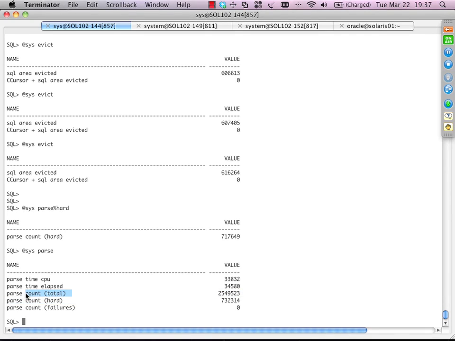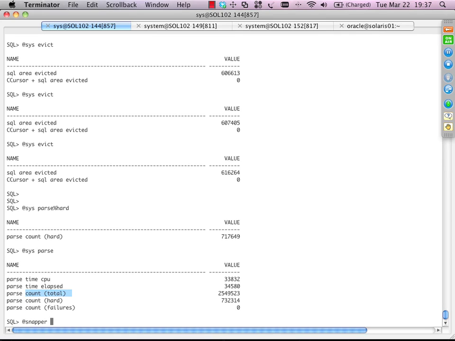And if you do find your cursor and you can reuse it, then that's it. Then a hard parse doesn't happen. But if you don't find your cursor, or if you cannot reuse it for some reason, then you will also have to do a hard parse. So a soft parse always happens, but a hard parse will additionally happen when you actually have to compile the cursor again.